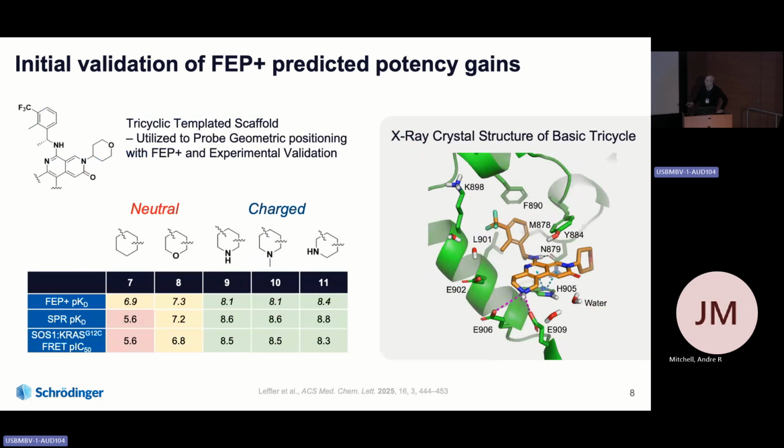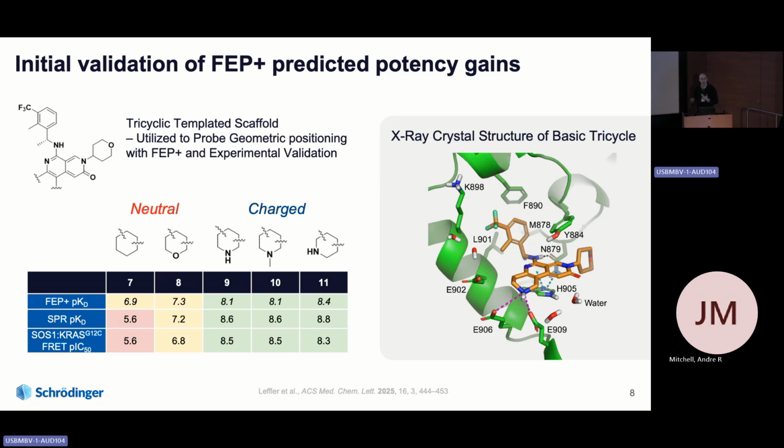So we started with this scaffold right here, and we basically made it tricyclic. And what I mean by that is we added a third ring right here, and some of those rings were neutral and some of them were charged. The key point that I want to make is that all of these compounds were predicted ahead of time with FEP. And these compounds were made because of FEP. It's not correlative.